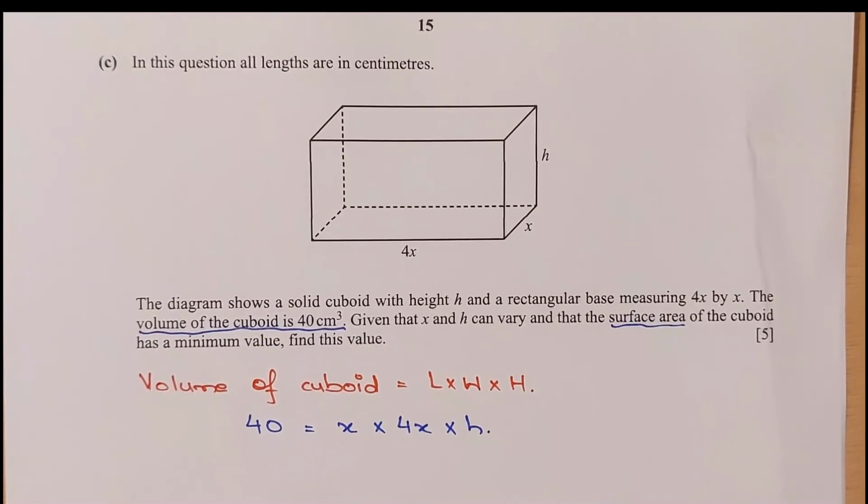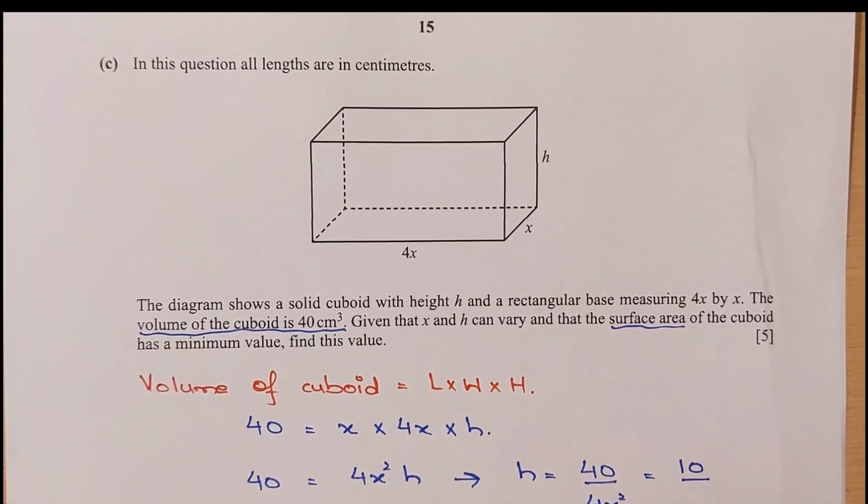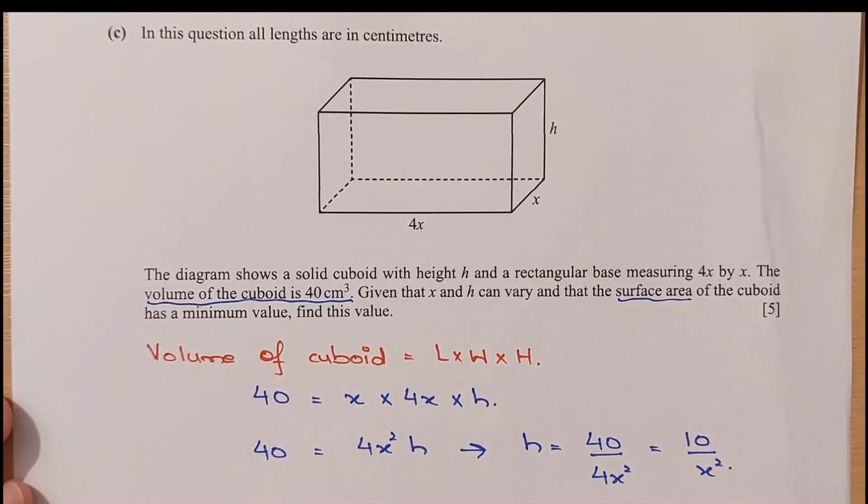So let me solve the value for h from here. So 40 equals 4x square h, and from here the h value is 40 over 4x square, or we have 10 by x square is the height, right? Okay, now we need to find the surface area.